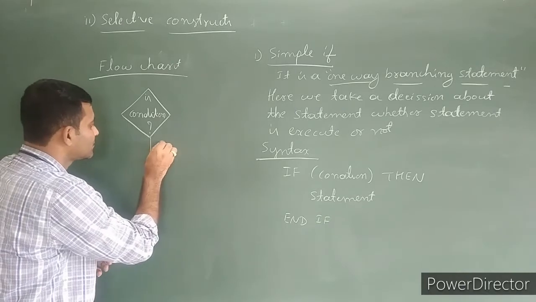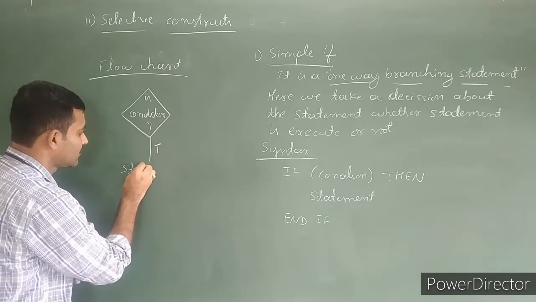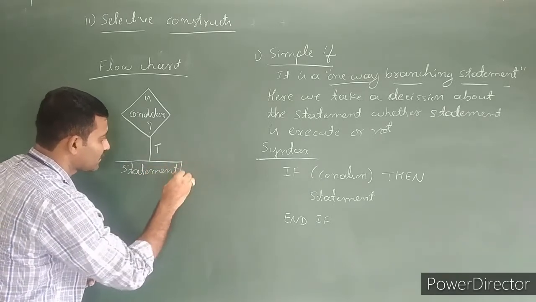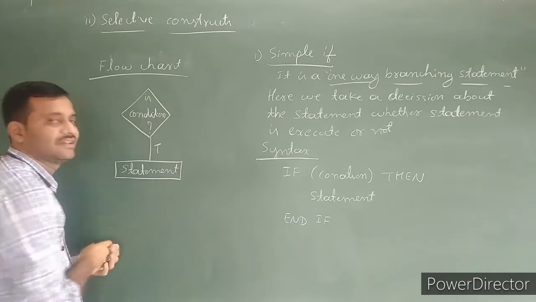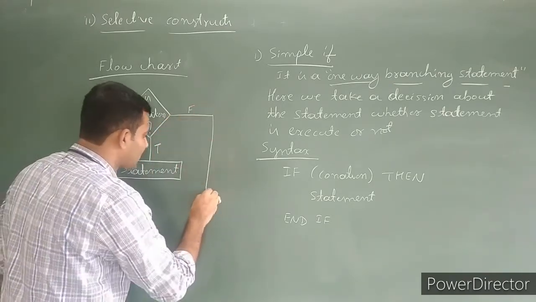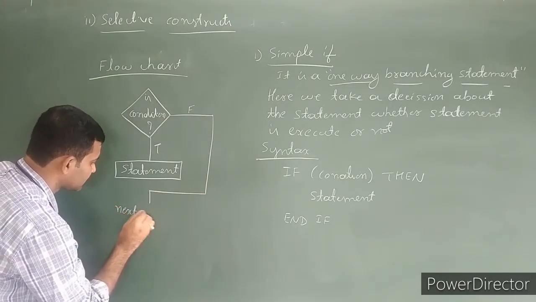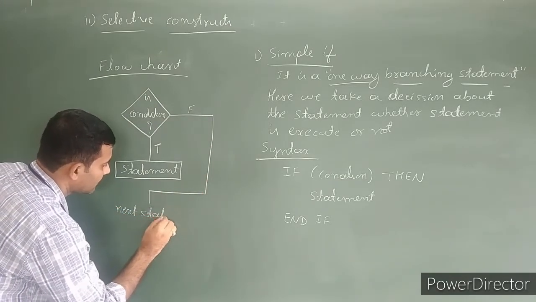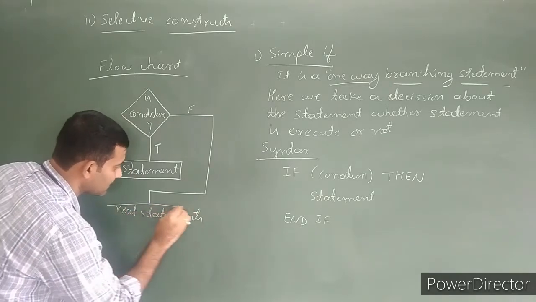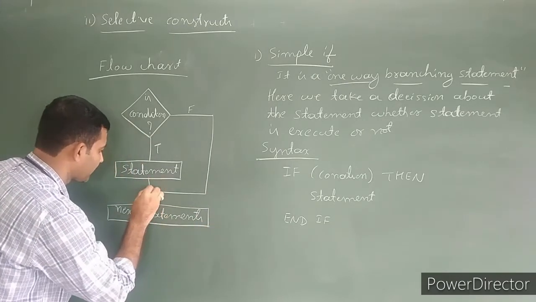If it is true, T stands for true, and the following statement is executed. If it is false, F stands for false, and the next statements are executed. That is the working principle of simple if.